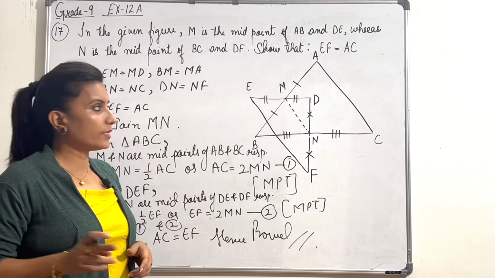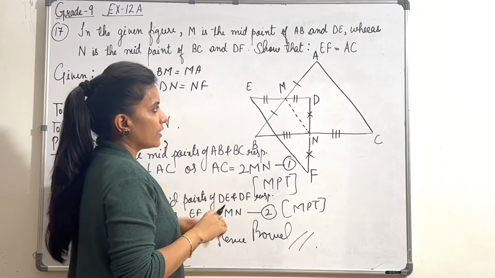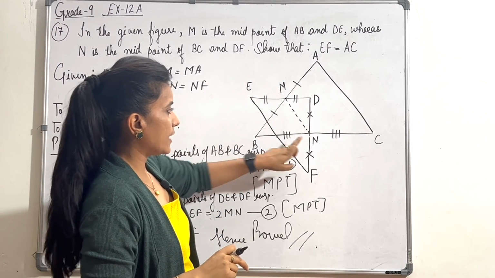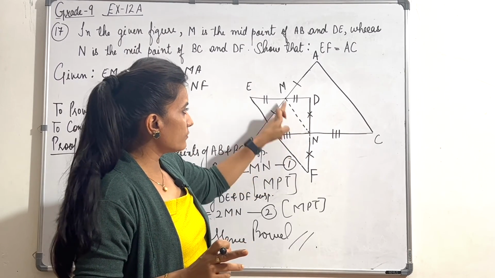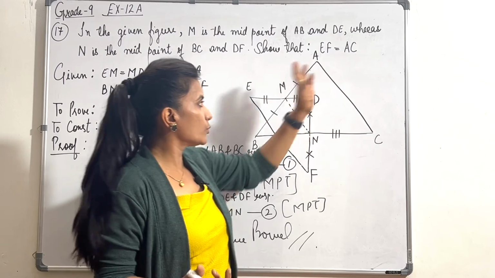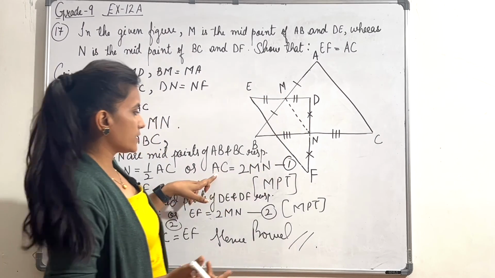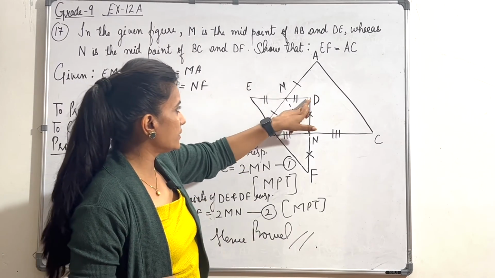So quickly let's recap. First we took triangle ABC. In triangle ABC, M is the midpoint of AB, N is the midpoint of BC. So we showed that the line joining the midpoints will be equal to half of AC, or you can say AC will be equal to double of MN. Same thing we showed in the triangle DEF.